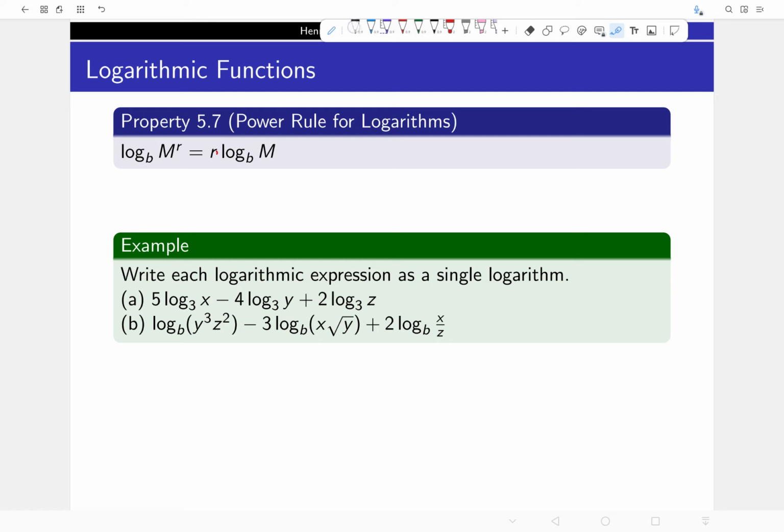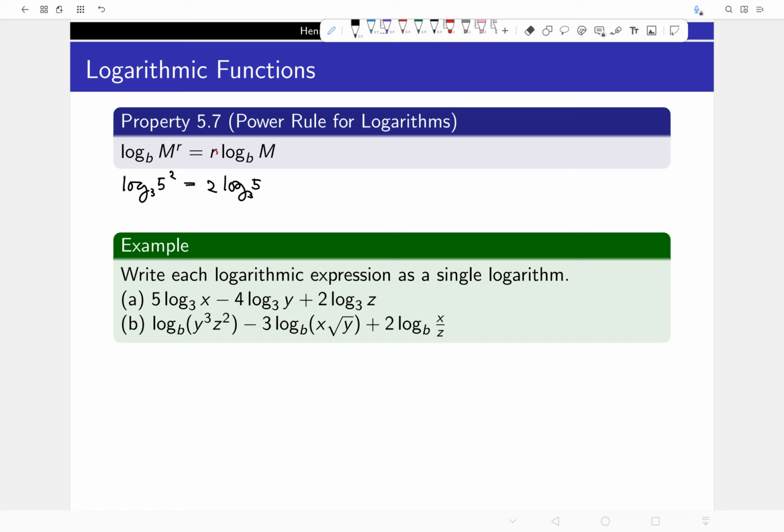For example, let's say you have the logarithm of 5 raised to 2 with base 3. This is just equal to 2 times the logarithm of 5 with base 3.